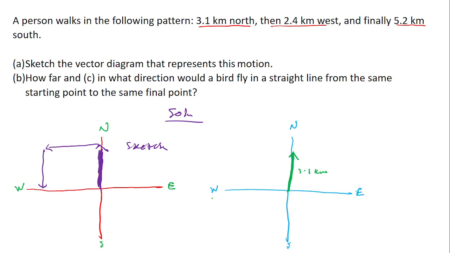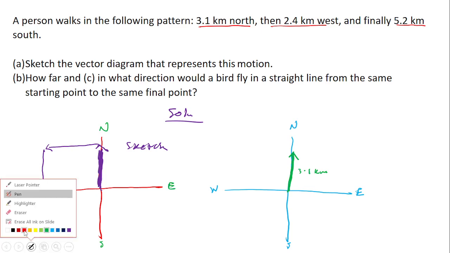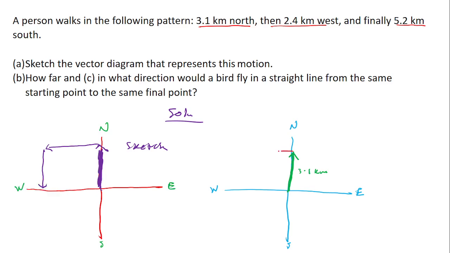Then after you do that, you can sketch 2.4. You're going to move 2.4 like that. Remember, since the first one is big, this one can be a bit short, which is 2.4 kilometers.